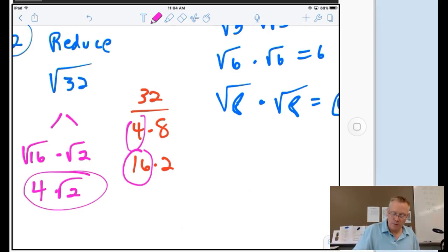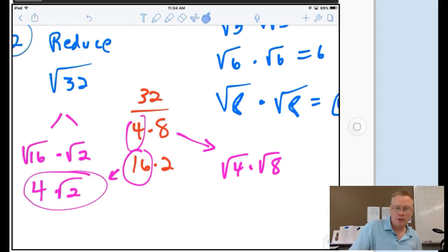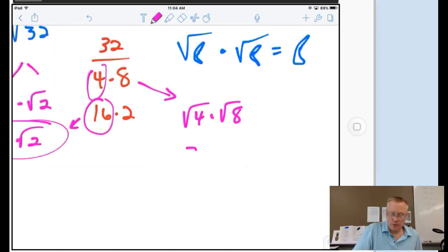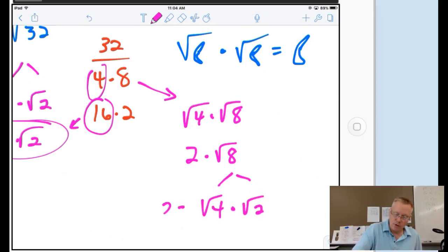Now, suppose, for example, I had picked this one instead. The square root of 4 and the square root of 8, which doesn't have the biggest perfect square. You don't always get the biggest one first. The square root of 4 is regular 2, and I got 2 times the square root of 8. So then you'd want to look at the 8 and say, geez, I can break that up into 4 times 2. So you're not done yet.